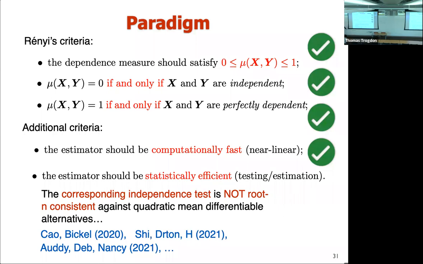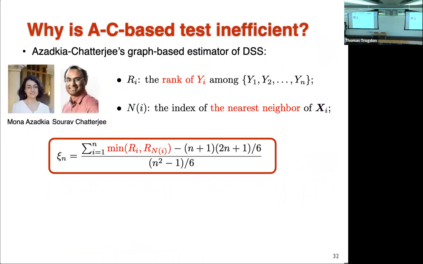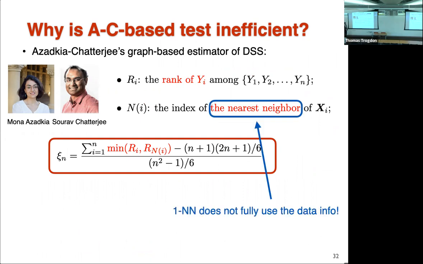That's how life is, right? There is always no perfectness. So what is the reason why the statistic will not be efficient? It's simple. It's because it only considers the one nearest neighbor.